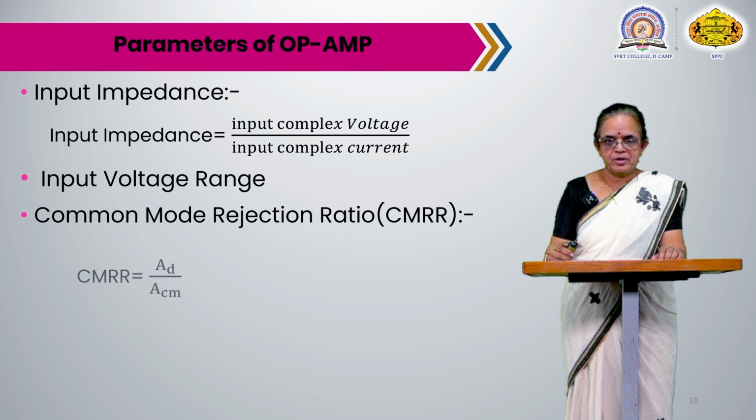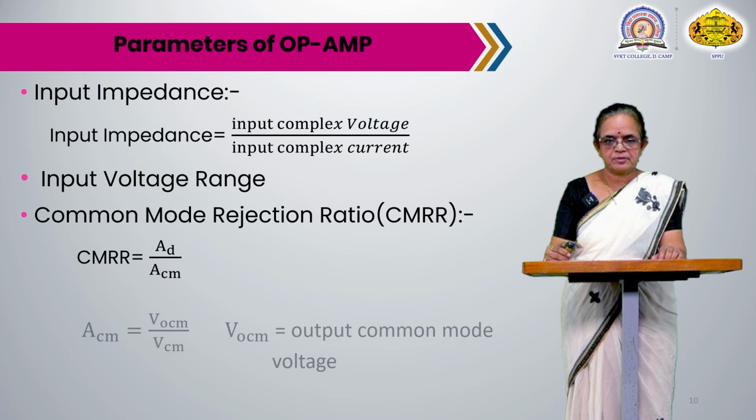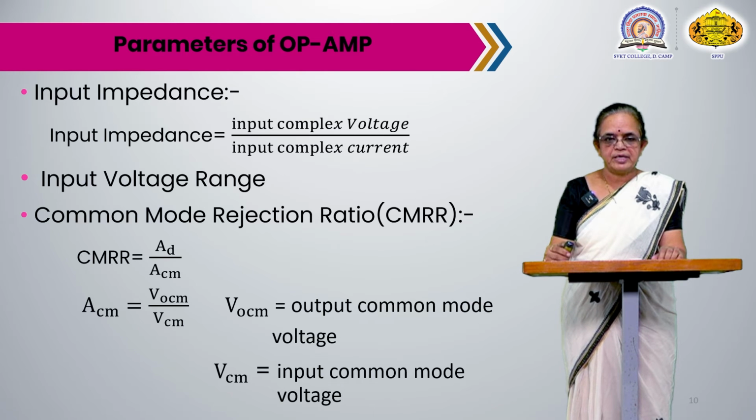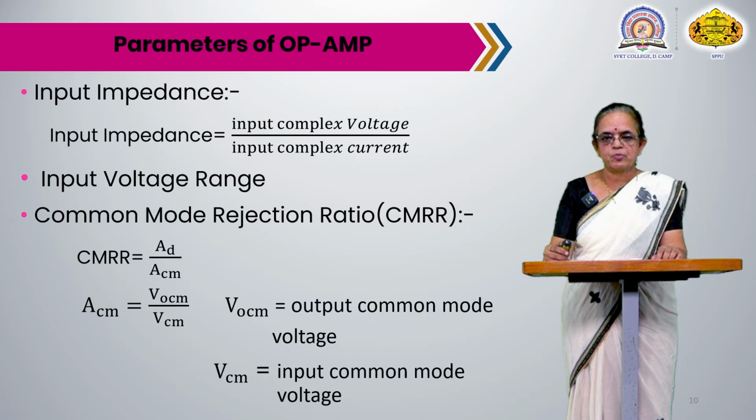Now, common mode rejection ratio. Common mode rejection ratio is defined as the ratio of differential mode gain to common mode gain, where AD is the differential mode gain and ACM is the common mode gain, and therefore CMRR is equal to AD upon ACM. But ACM is equal to VOCM upon VCM, where VOCM is the output common mode voltage and VCM is the input common mode voltage.